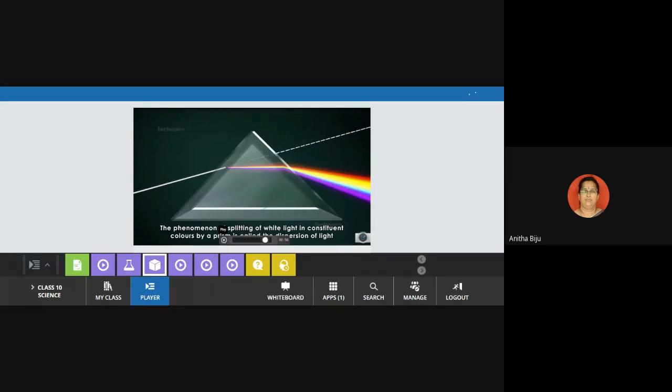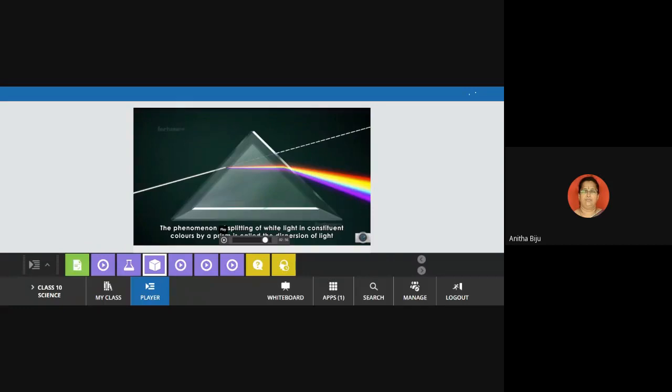Splitting of white light into different colors when it passes through a prism is known as dispersion of light.